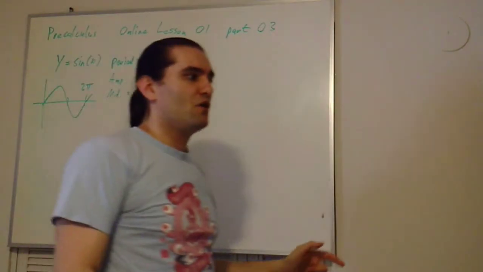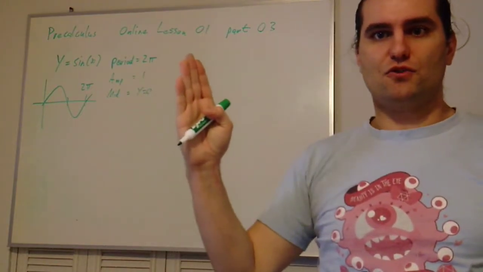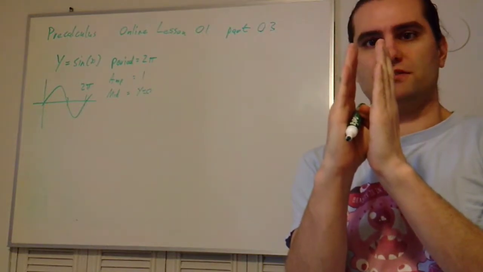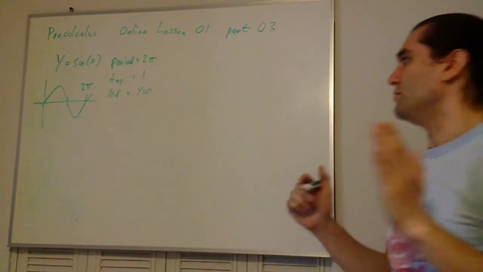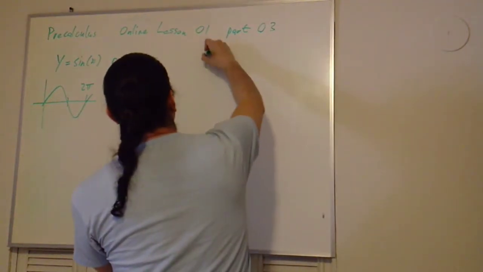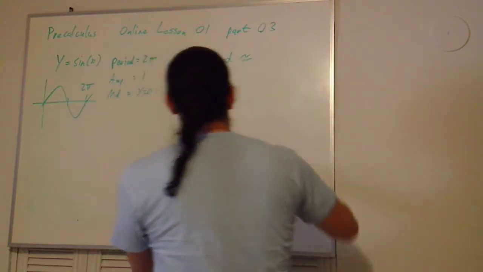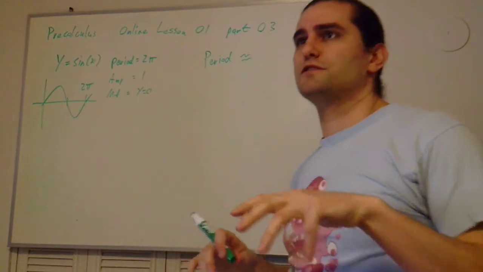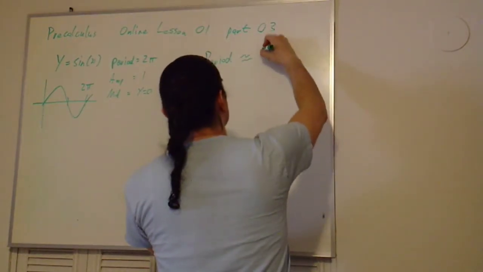So we're going to talk about what happens if you try to squish more sine waves into the same amount of horizontal distance. So the period is sort of similar-ish to what we would call on other functions a horizontal stretch or squish.